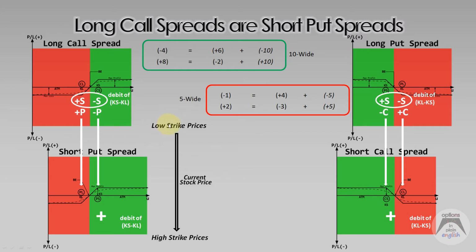I'm going to make here a little table and a little graph where you're going to have the strike prices laid out in a similar way to how they're laid out in our trading platform. So low strike prices are going to be on the top, high strike prices are going to be on the bottom, and let's assume that the current stock price is right here in the middle.